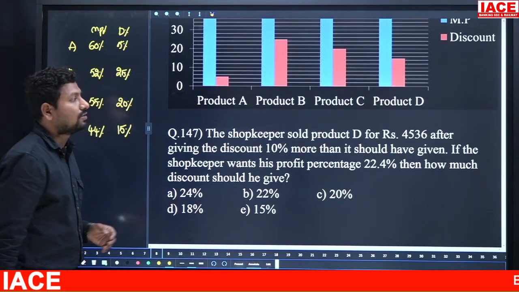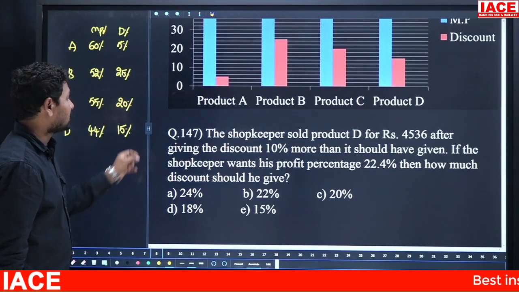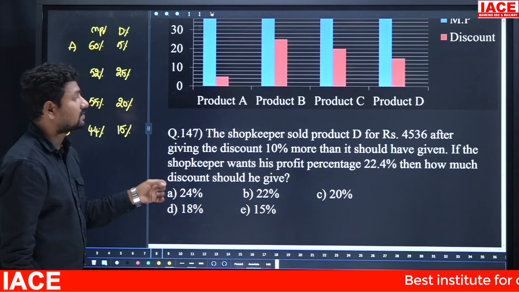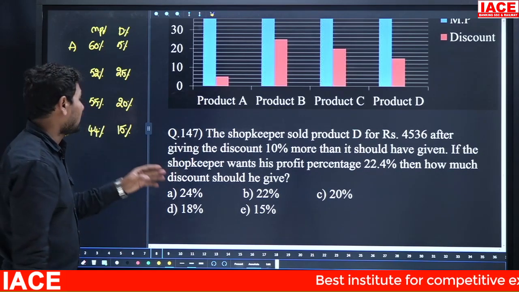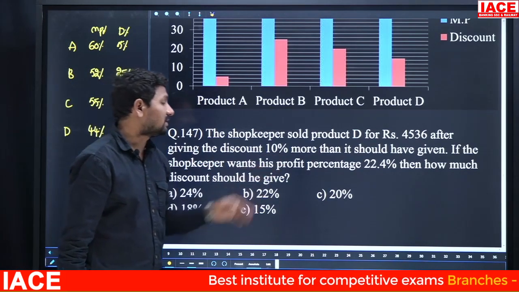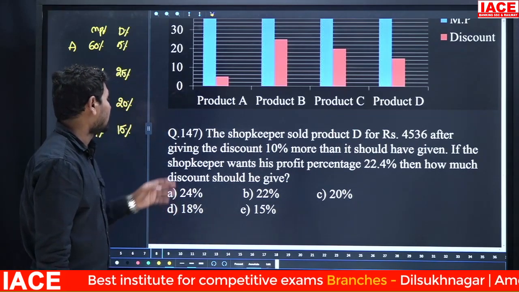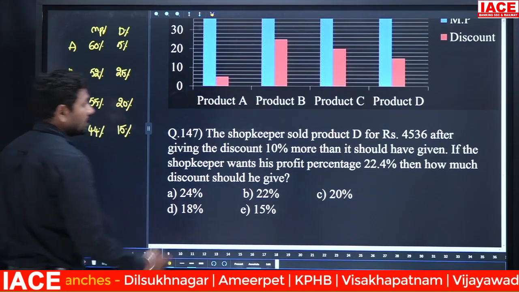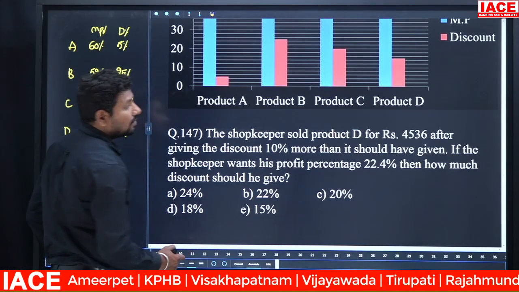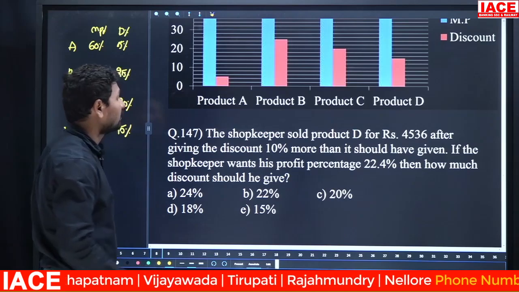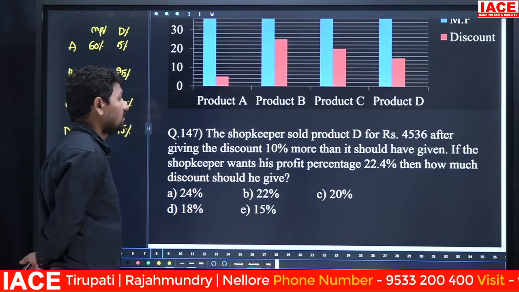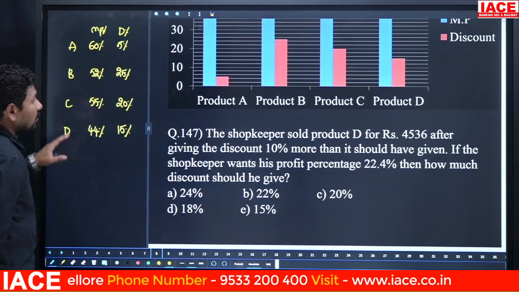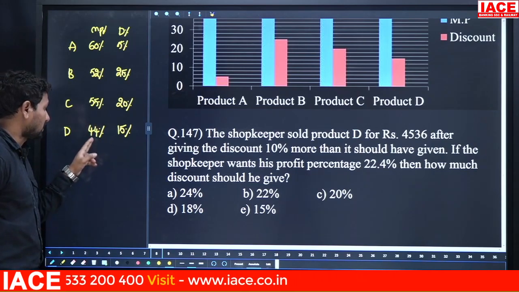The shopkeeper sold product D for 4536 after giving a discount of 10% more than it should have given. If the shopkeeper wants his profit percentage to be 22.4%, then how much discount should he give? Okay, here assume the cost price. He sold product D for 4536 after giving a discount of how much percentage? 10% more than it should have given. Look at here, product D is 44% increased.